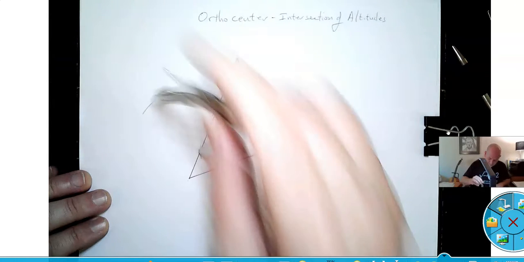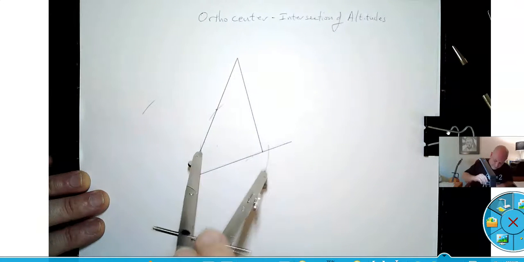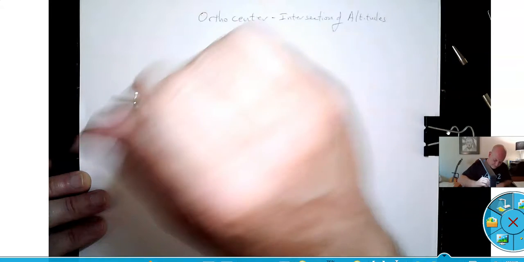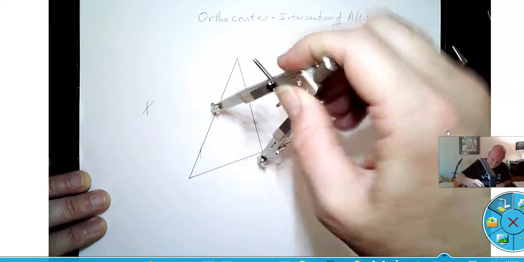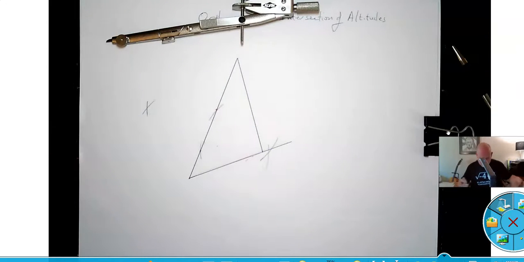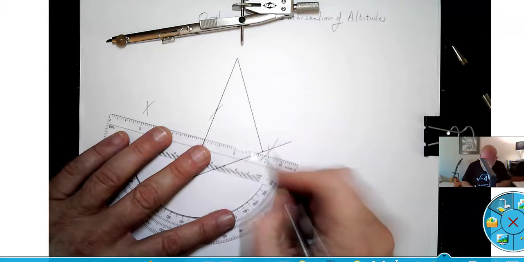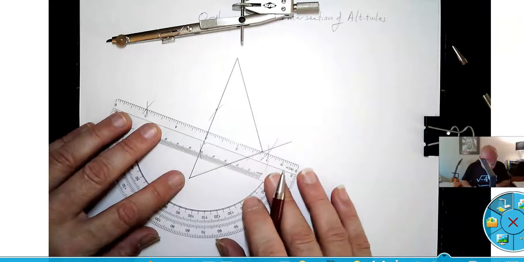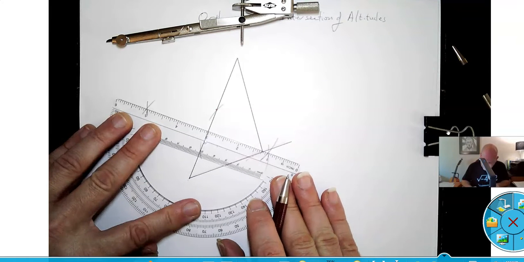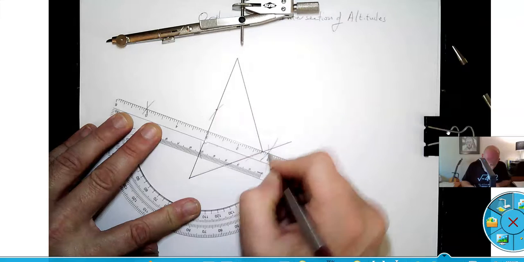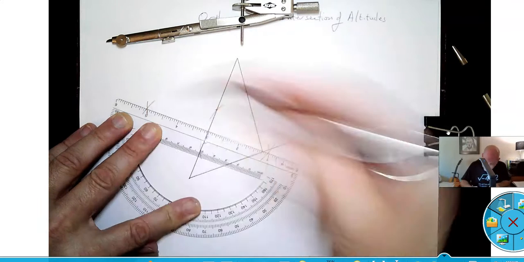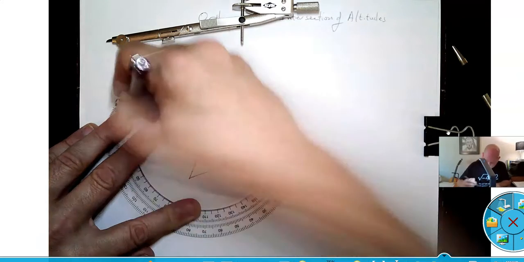So we'll go here and here, and then we'll jump to here and do here and here. Okay, so we'll do this one in red so we can see what we got here. I kind of wish I could change the color of my compass stroke so you can see the difference between what I'm doing with the compass and the triangle itself, but I think this is what we got to work with here.